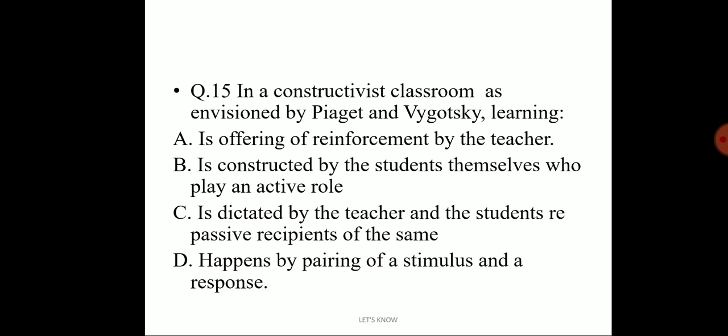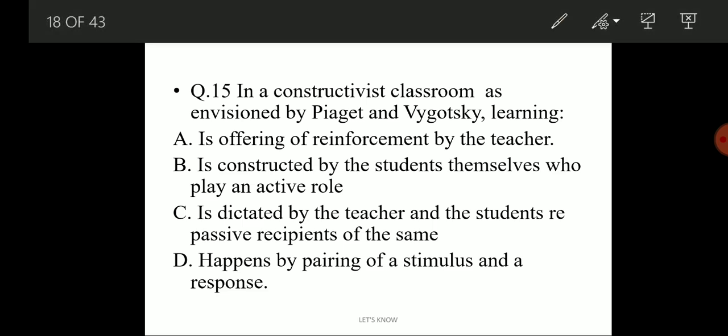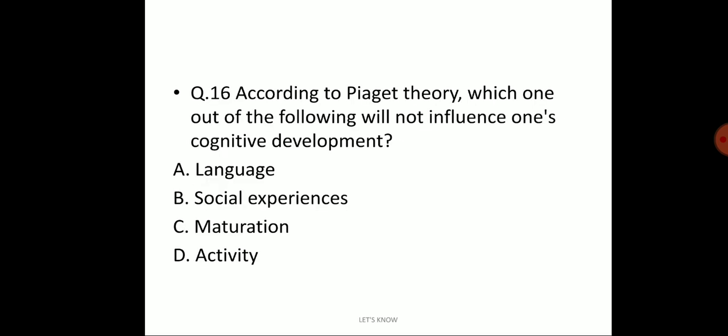D option is given, happens by pairing of stimulus and response. No, stimulus response is not said by any of them. So our correct option will be option B, is constructed by the students themselves who play an active role. Next question. According to Piaget's theory, which one out of the following will not influence one's cognitive development?